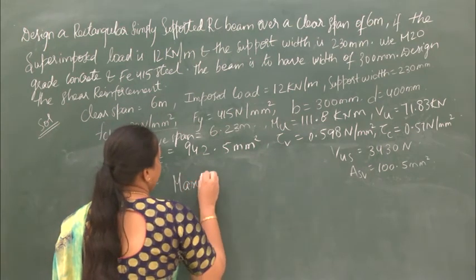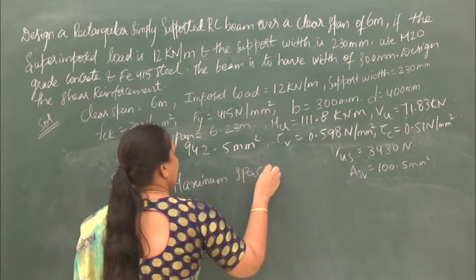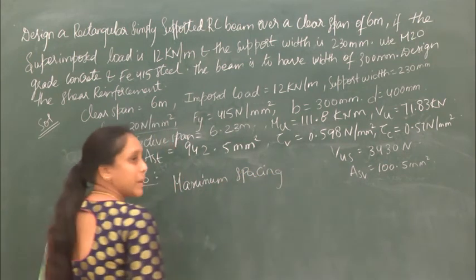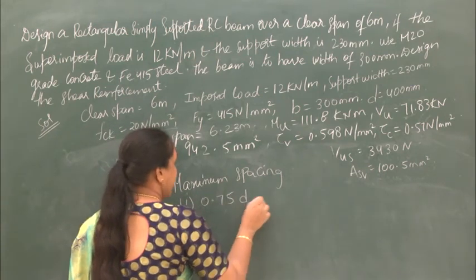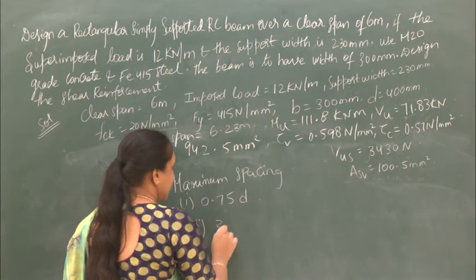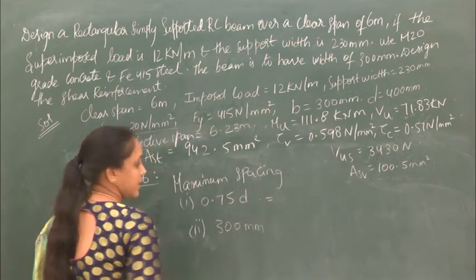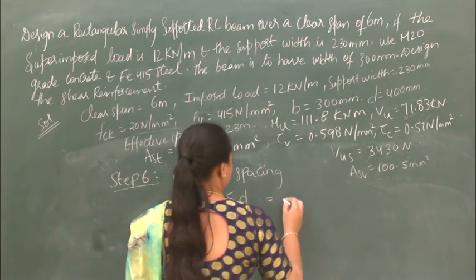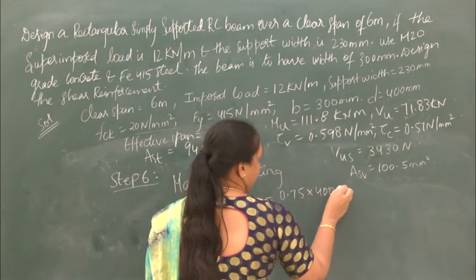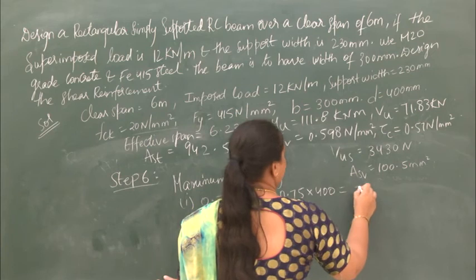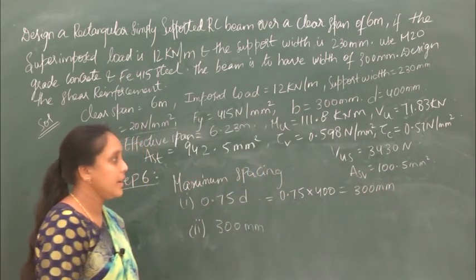So the maximum spacing. How we can calculate the maximum spacing? One is 0.75d and the other one is 300 mm. So 0.75d is 0.75 into 400, which will give you 300 mm, and 300 mm.